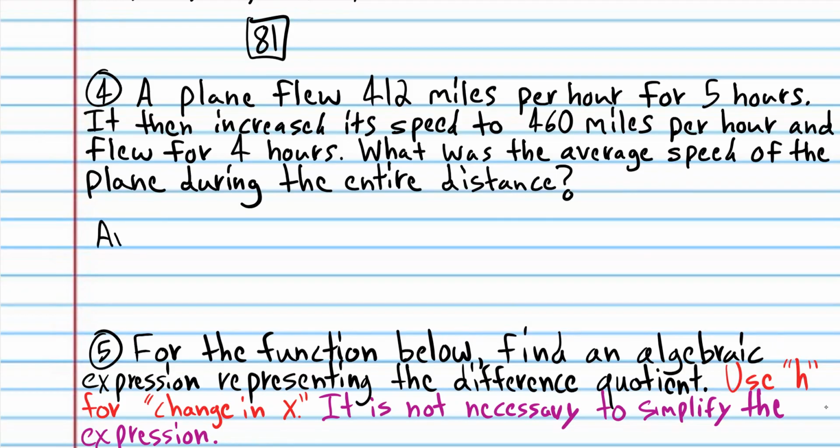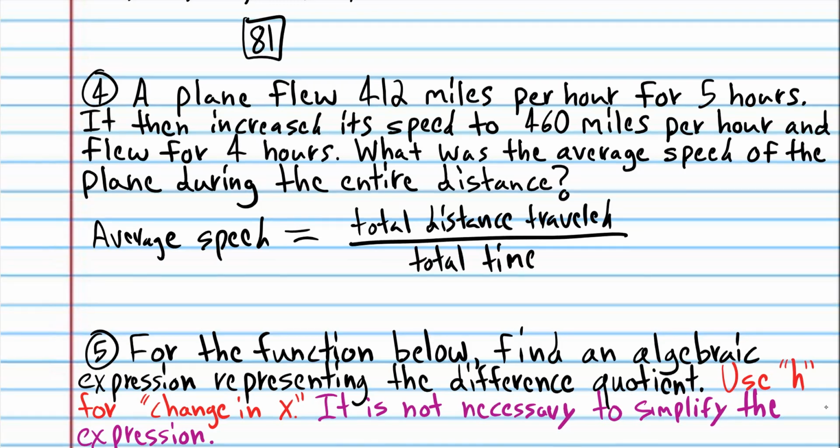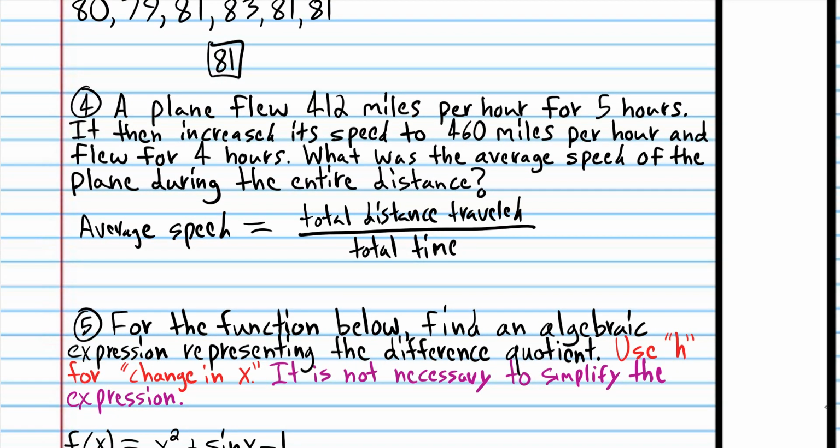Now, the average speed, remember, is defined to be the total distance traveled divided by the total time that passed during that travel, or during the travel accomplished in that distance.